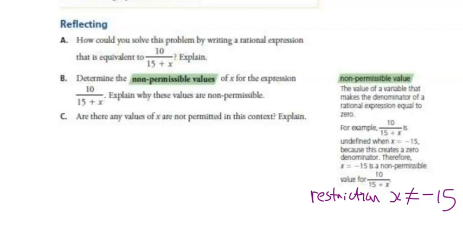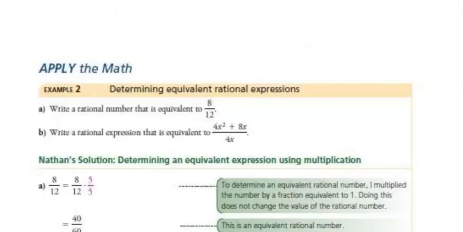If I ask you for non-permissible value, you give me a restriction, it's fine, no marks off. If I ask you for restriction, you give me the non-permissible value, it's fine, no marks off. Okay? 99.7, I made that up. 95% of the time, that's made up too. Most of the time, you're going to see it as restrictions. On the diploma, you'll always see it as restrictions. I didn't make that one up. They always list them as restrictions. So they always just say where this can't be that.